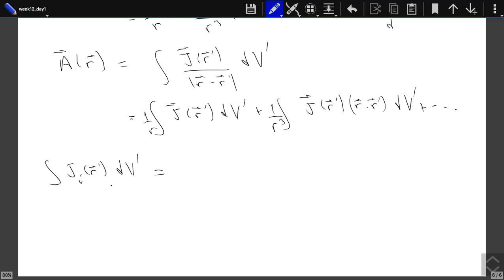And this is equal to the integral of the divergence of x_i prime times j of r prime dv prime. This time the derivatives are with respect to the primed coordinates. This is the property that I had proven just before.